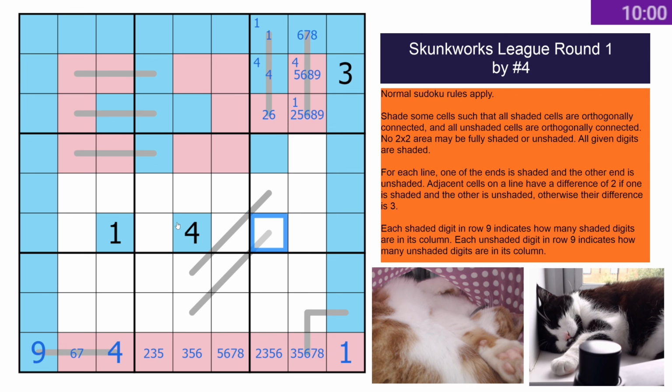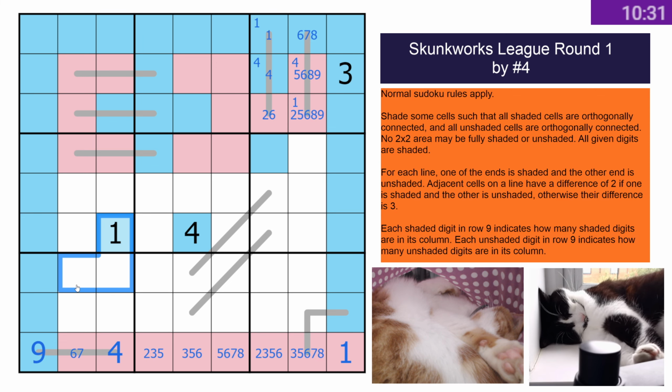Sorry, I used myself to take myself far too much. Just think about if this is... Doesn't pink have to escape that way? No, because if that's blue, then pink has got to come down here. Up to 3 blues along here. You've got to have some, haven't you? Because that's at most 7. You've got to have at least 1 blue.